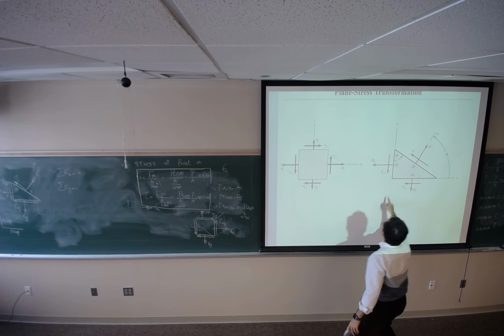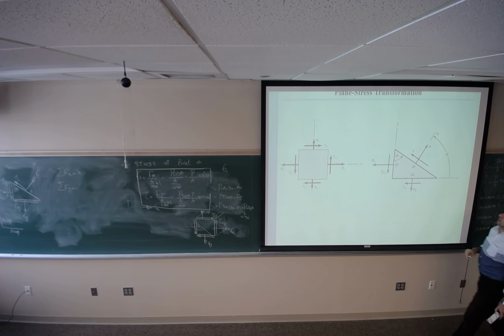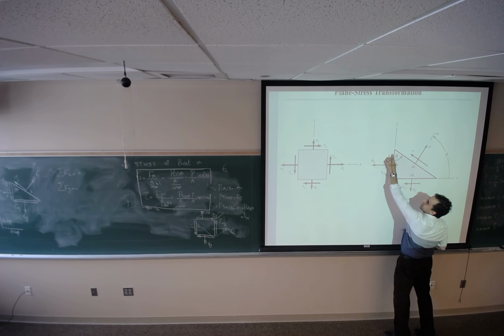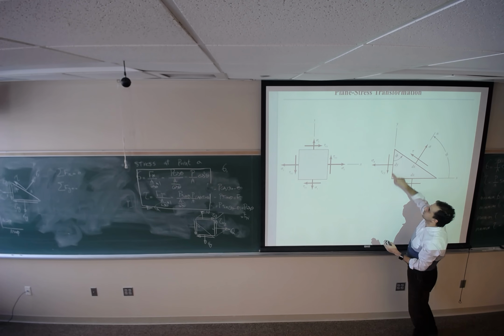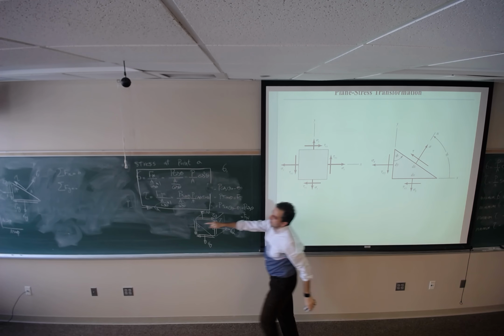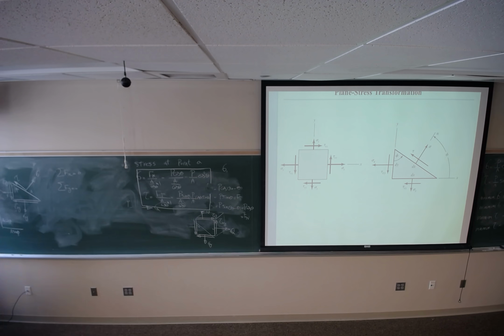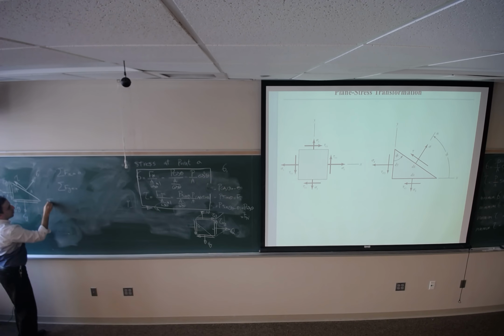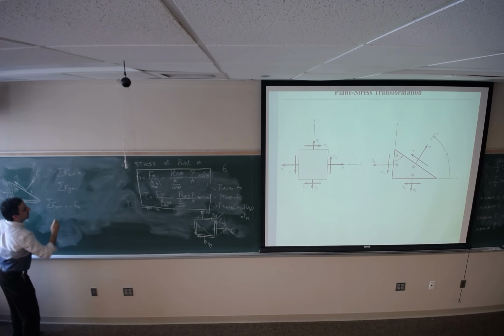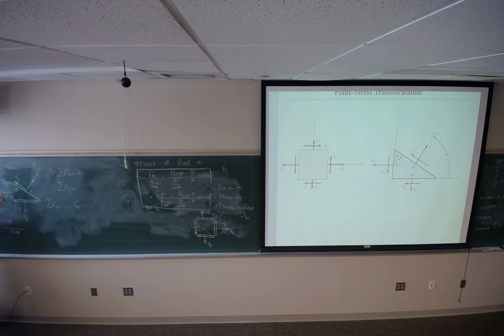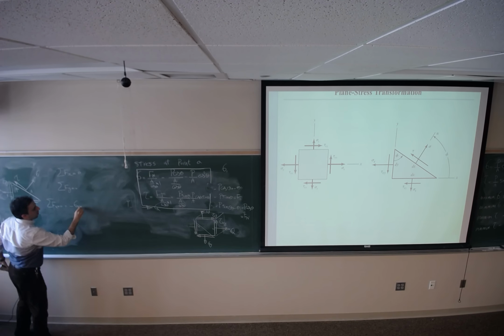So in this part that I cut, this normal stress times this plane, I mean, this is one length. The thickness of the plane is 1. So this length times 1 times sigma x is going to give me force in x direction. So sigma Fx equals 0 is going to be negative sigma x, because it's going to the left side, which is the negative side of x, times the area, A cosine of phi.